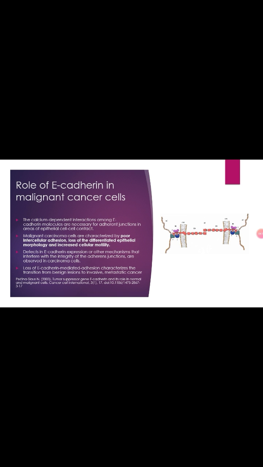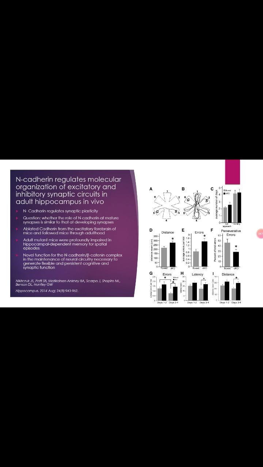The title of the primary research article that I found was N-cadherin regulates molecular organization of excitatory and inhibitory synaptic circuits in adult hippocampus in vivo. From this research article, I found out that N-cadherin, which is a glycoprotein, is involved in the regulation of synaptic plasticity.